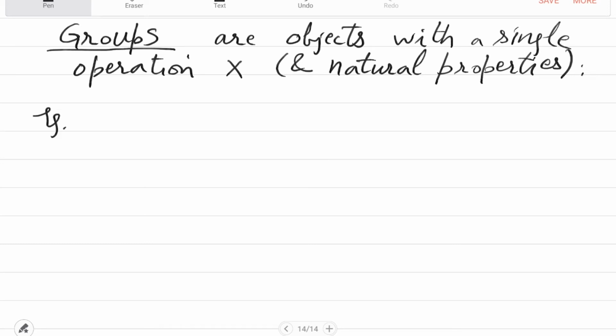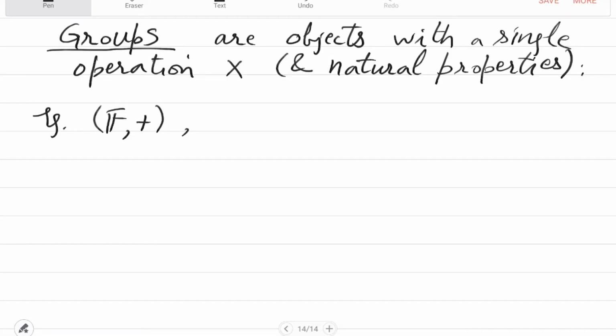So examples are field with plus. We cannot say field with multiplication because 0 is non-invertible, right? But field with plus is a group. But if we remove 0, which is then called F star, so F star is F minus 0, then we can look at multiplication.